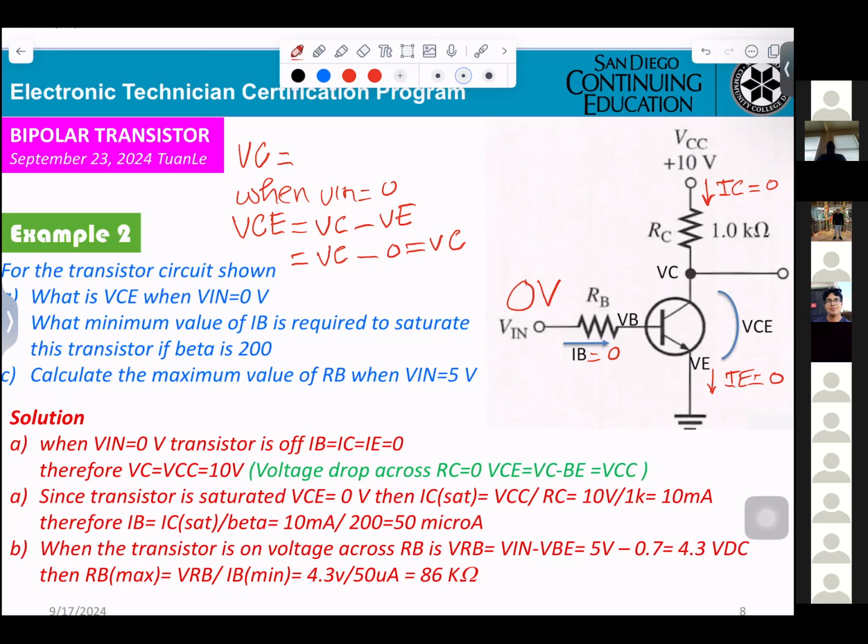IC equals 0, so the voltage drop here, VRC, equals 0. You get 10 volt here. They drop 0. So VC has to equal VCC.